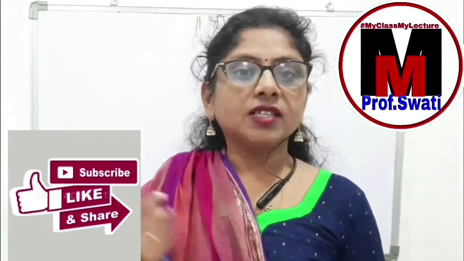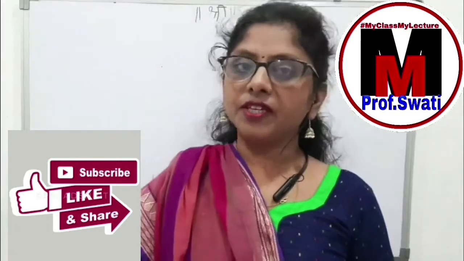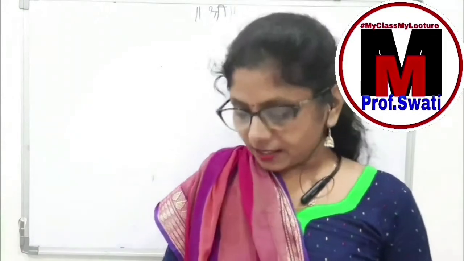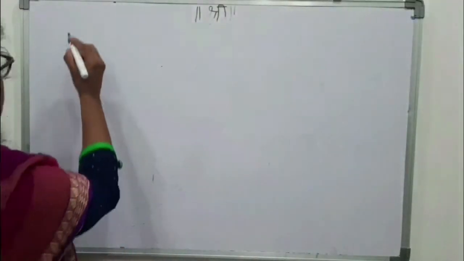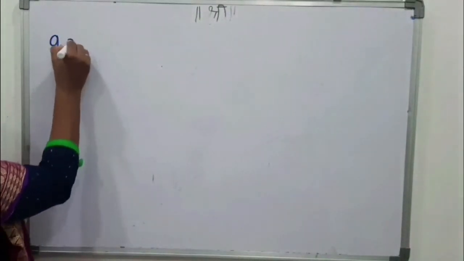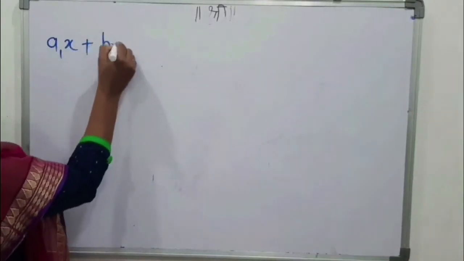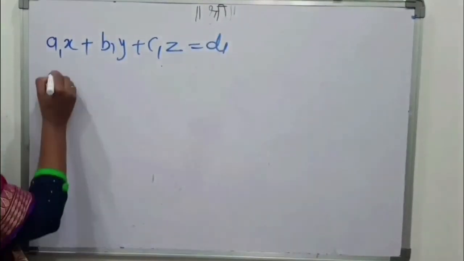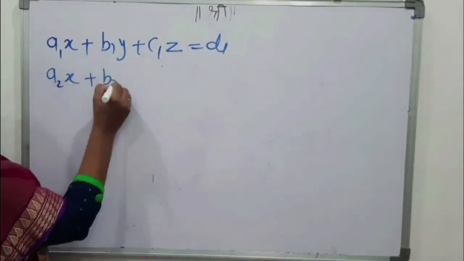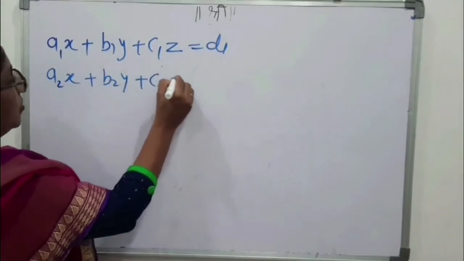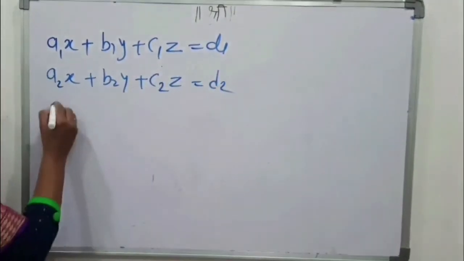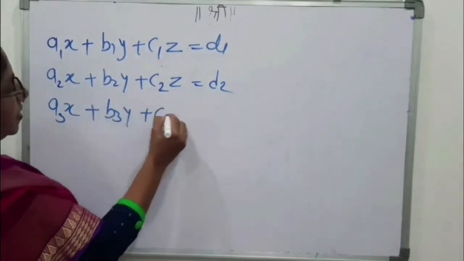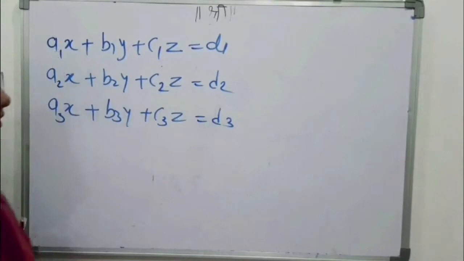Now let us move towards the method of inversion for solving the system of linear equations. Suppose there are three equations like this: a1x plus b1y plus c1z equals d1, a2x plus b2y plus c2z equals d2, a3x plus b3y plus c3z equals d3.